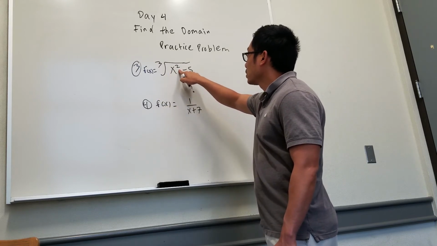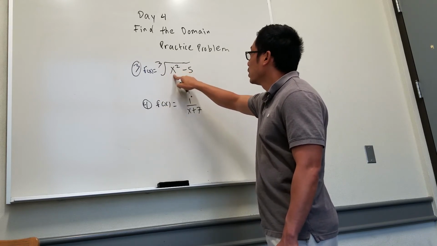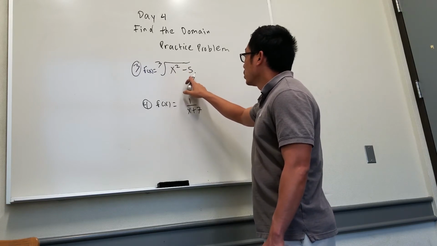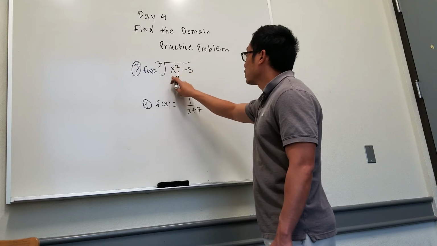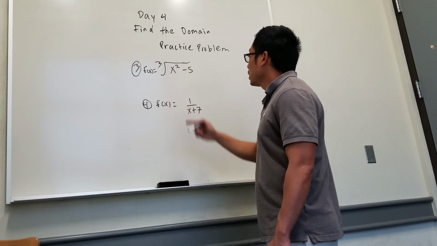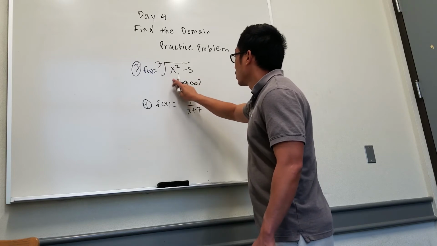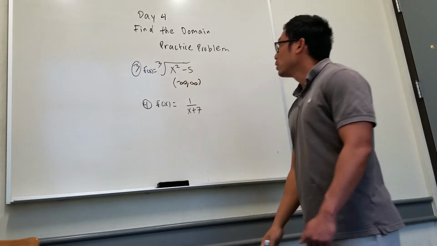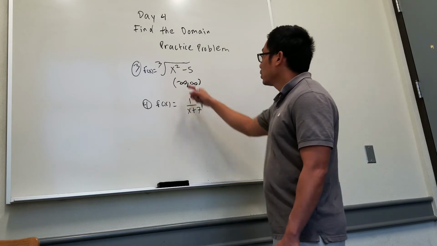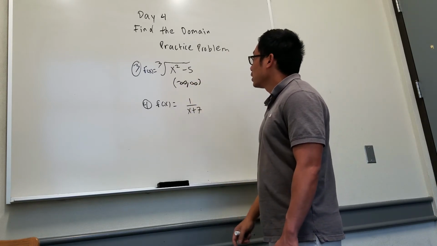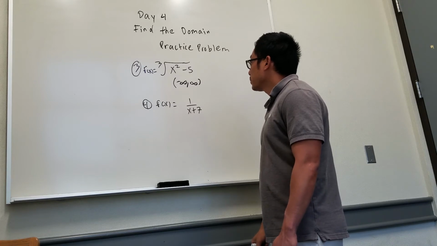It doesn't matter if this is x squared or x cubed, x to the 4. I can plug in any numbers because the cube root, this is a polynomial, so as long as it's a polynomial inside this cube root, that's a better way to explain it. It's all real numbers. So as long as the expression is a polynomial, and that's a really good way to explain it, inside the cube root, the domain is all real numbers.